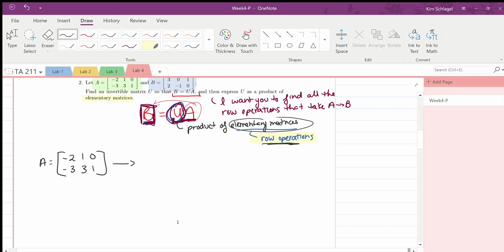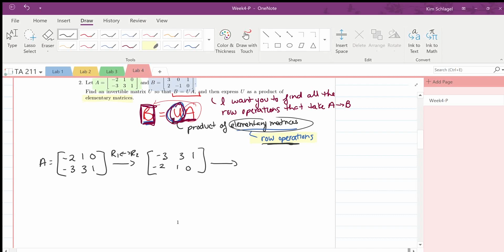So we have A here trying to take it to B. First thing I'm going to do is switch the rows. Okay, so I'm going to end up with something that looks like this.